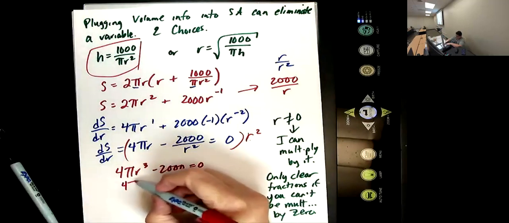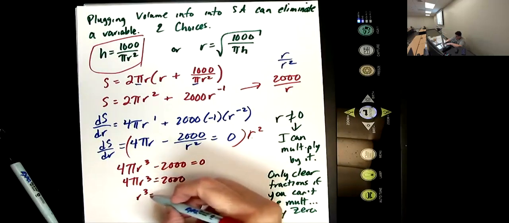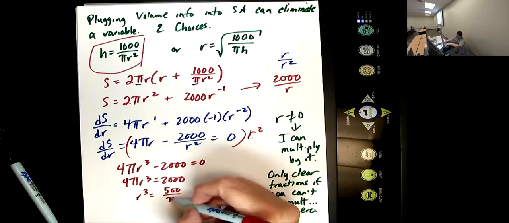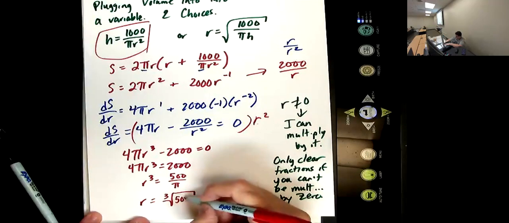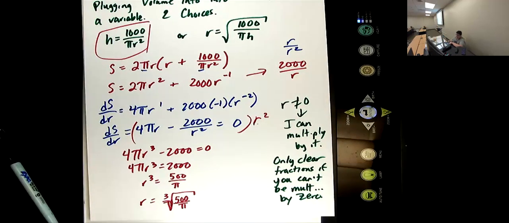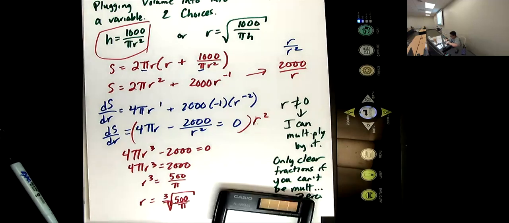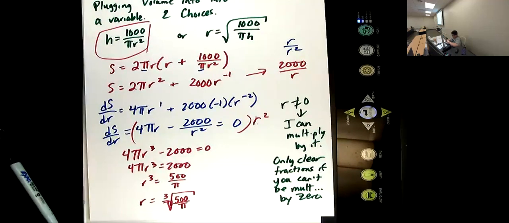So 4 pi r cubed equals 2,000. r cubed equals 500 over pi. And r equals the cube root of that. 500 divided by pi, and now I'll take the cube root of that.